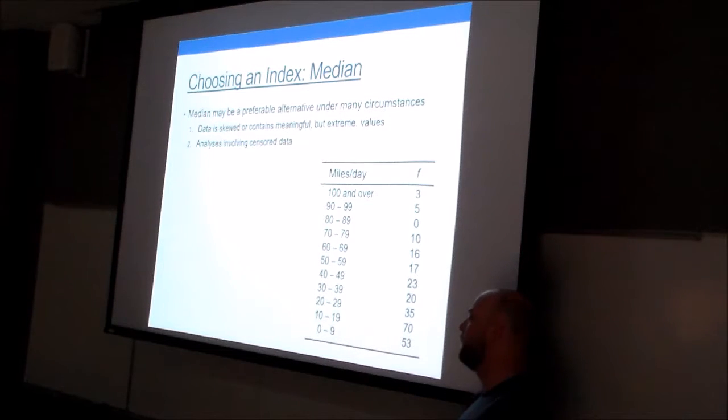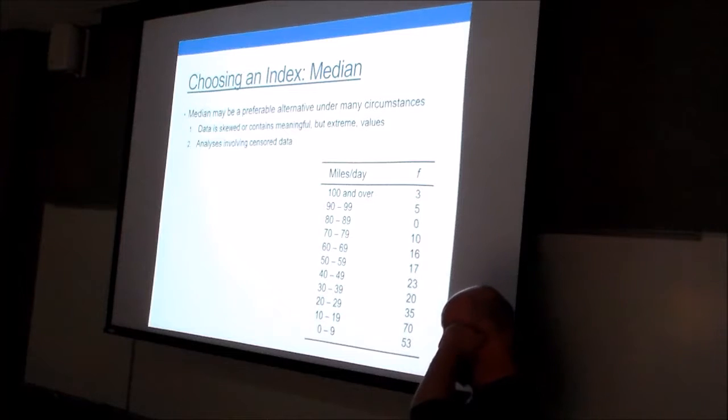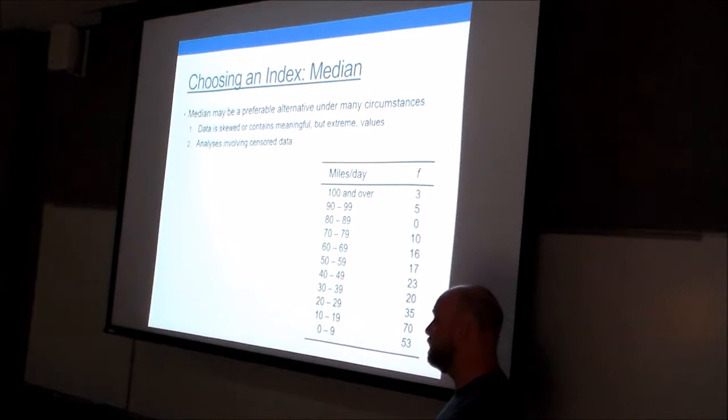Okay, we got an outlier. But can I actually calculate a mean based on these data? No, because this could be 100, or it could be 200, or 500. I don't know what this value is.